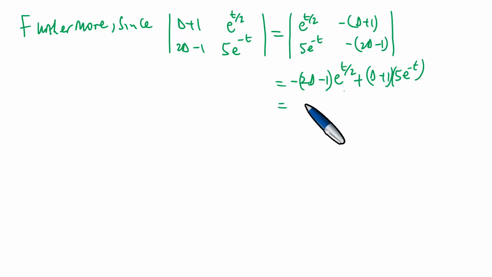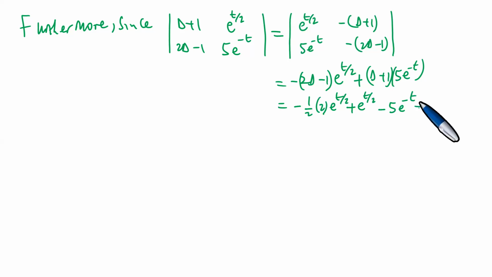Therefore, if you differentiate this with respect to t, it's going to be minus, the derivative of the top, which is 1/2, but there's a 2, then you have e to the t over 2, plus e to the t over 2, then minus 5e to the minus t. If you differentiate this one with respect to t, you only differentiate the top, the derivative of which is minus 1. Then we just remove the brackets.